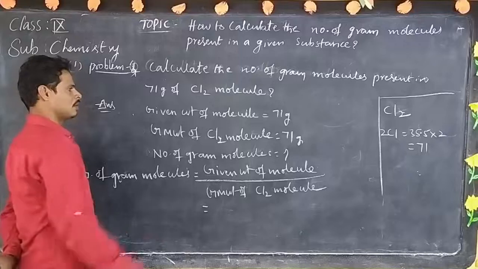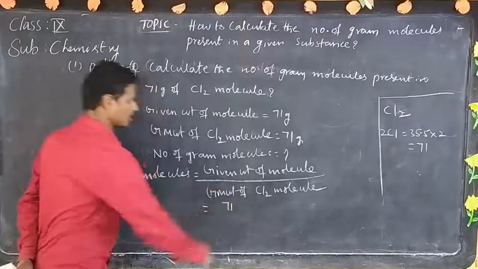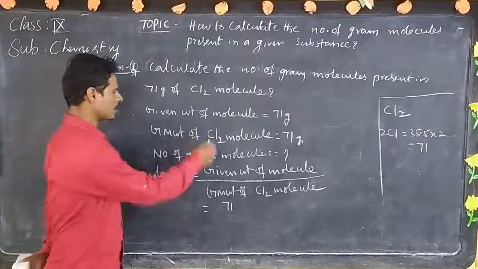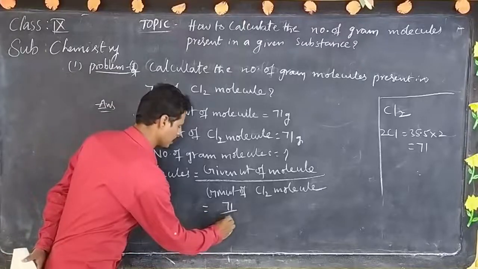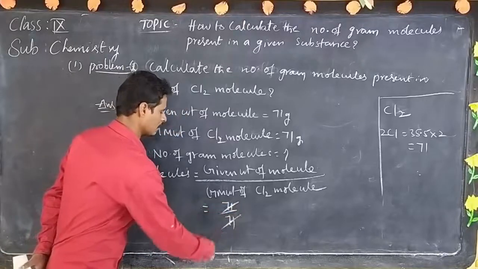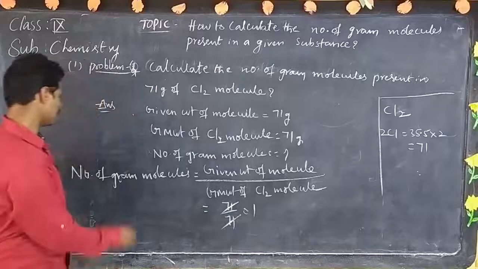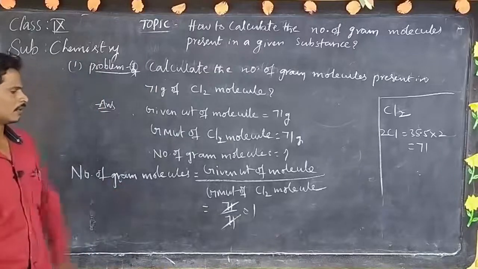Given weight of molecule, how much is there? 71 grams. Next, gram molecular weight of chlorine molecule 71. 71 ones are 71, 71 ones are 71. So the number of gram molecules equal to 1.